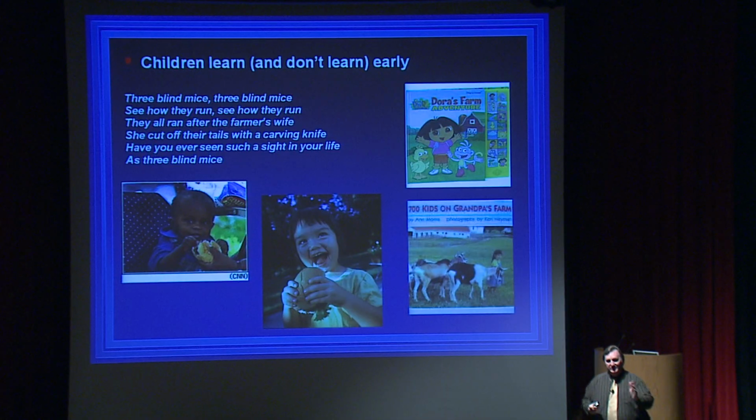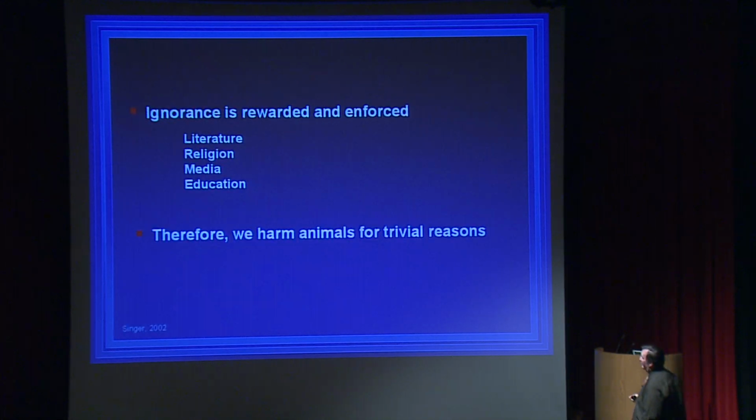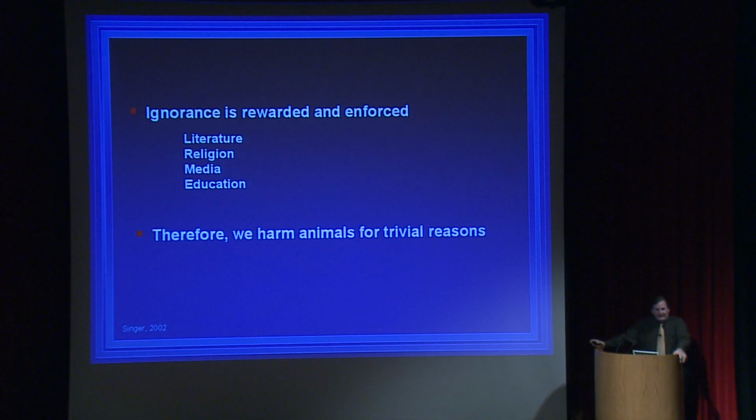And if we're considering the big picture where most of the meat comes from, then we have to take these things into account. So Singer and others have talked about how the ignorance gets reinforced, that we're not taught to look behind the veneer of what goes on in farms, and it gets reinforced through literature, religion, the media, and education.